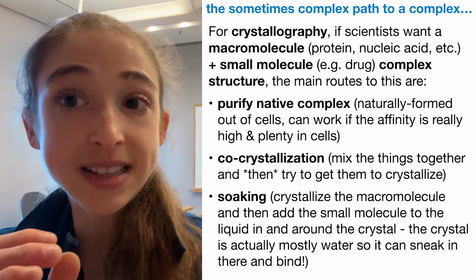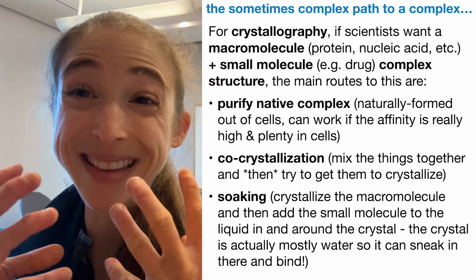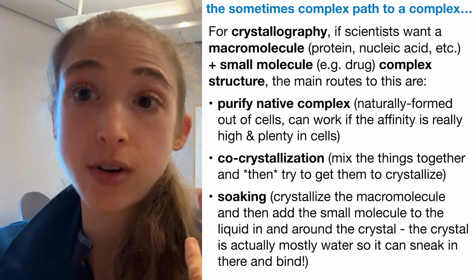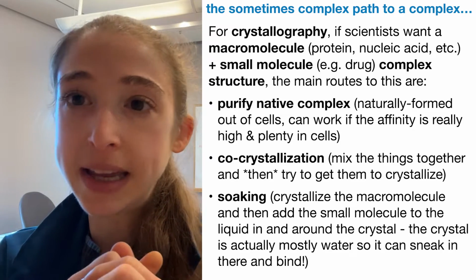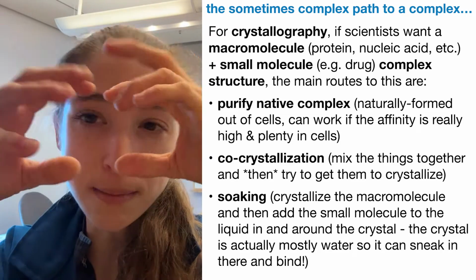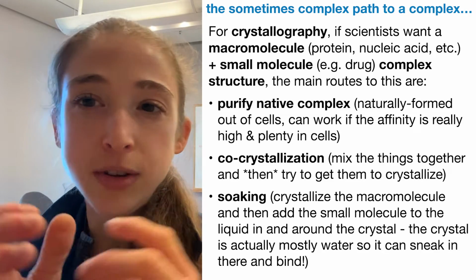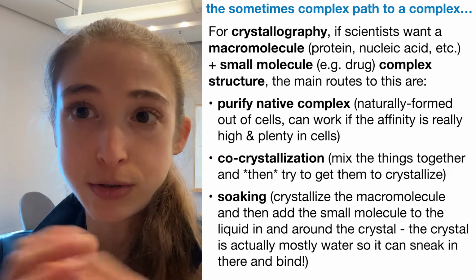The other option is that if the thing is present in the cells, so if you want to purify some native complex, so instead of drugs, let's think about some small molecule in the cell, some metabolite, some intermediate of some molecular making or breaking, and it's bound. Or you can think about something like ATP or glutamate bound to a molecule.